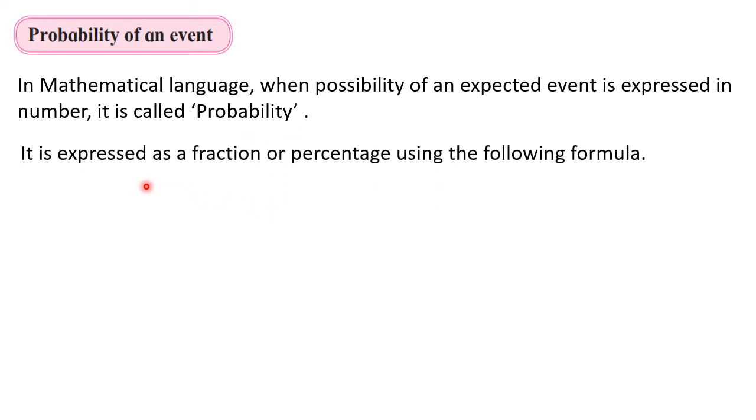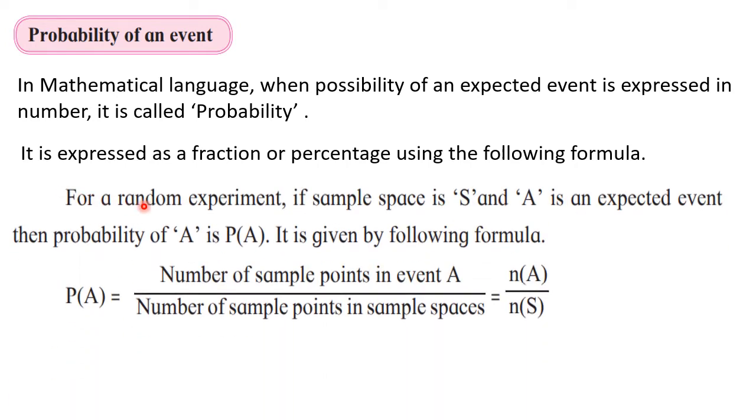And then we saw the formula that if the random experiment is A and sample space is S, then the probability of the event A is written as P of A, and the formula for P of A is number of sample points in event A divided by number of sample points in the sample space, that is N of A divided by N of S. Now this probability is always expressed as a fraction or as a percentage.